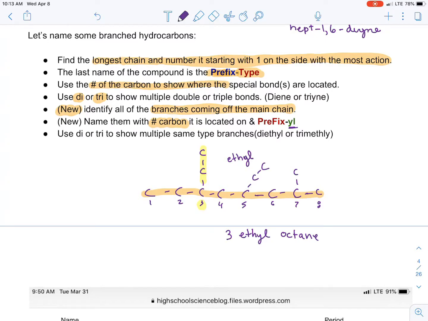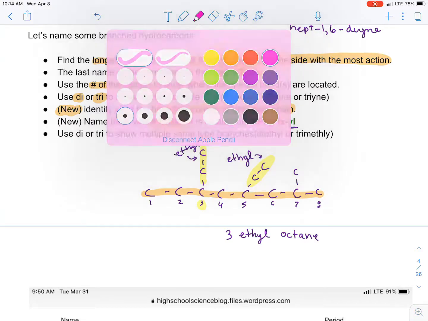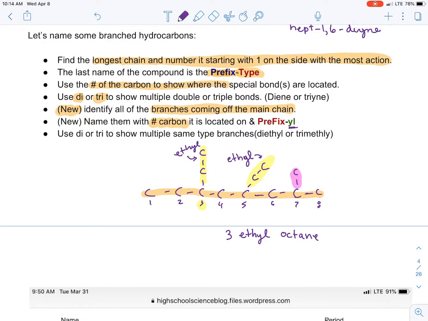Okay, so same thing. I'm just going to add right to this thing. So look what we have here. Double carbons, 2 carbons. That's ethyl. I'm going to write that again. So that's an ethyl. That's an ethyl. But this is only 1. I'm going to use a different color because it's something different. And it only has 1 carbon, so it's not an ethyl. It's a methyl. Meth means 1.